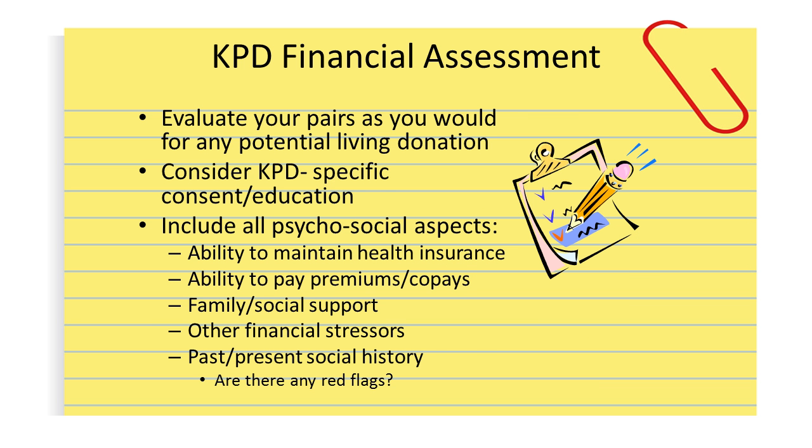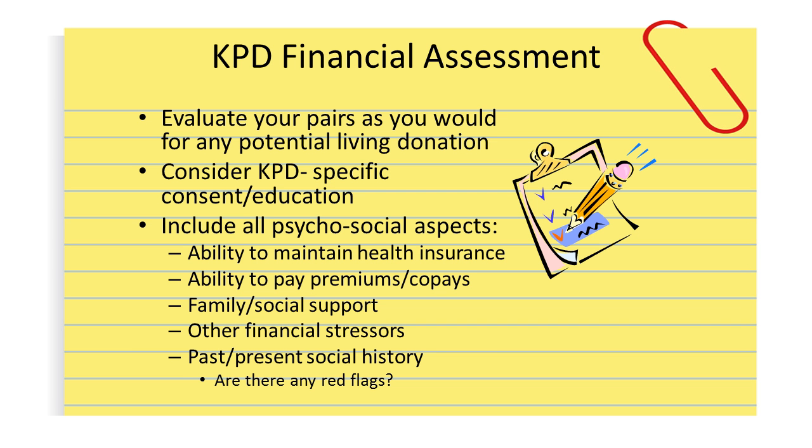So when we talk about the financial assessment for KPD, it's slightly different. The first thing you want to remember is that you should always evaluate your pairs as you would for any potential living donation. And then as required, there's KPD-specific consent and education. You might want to consider putting some specific information with respect to finances.